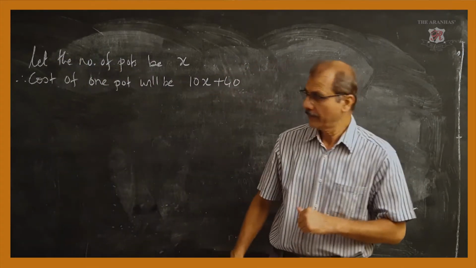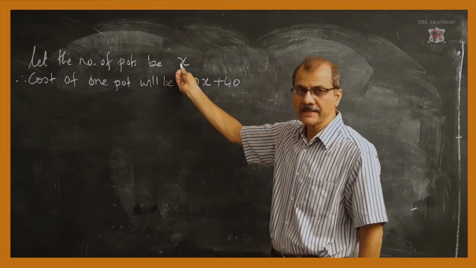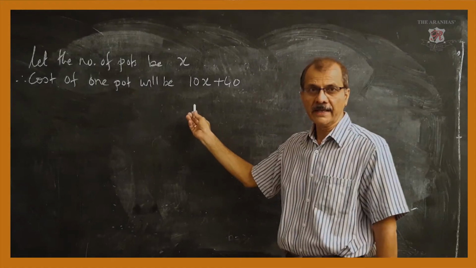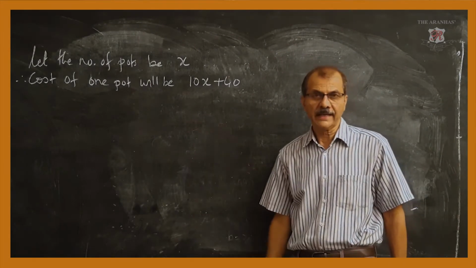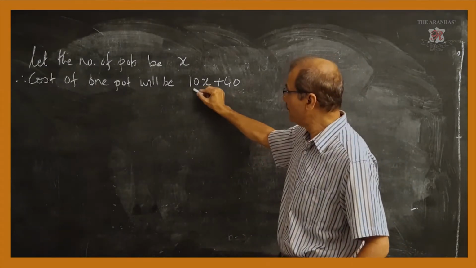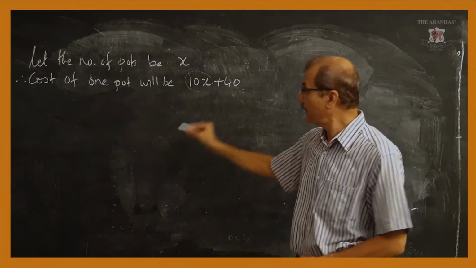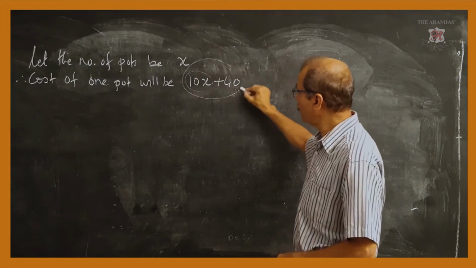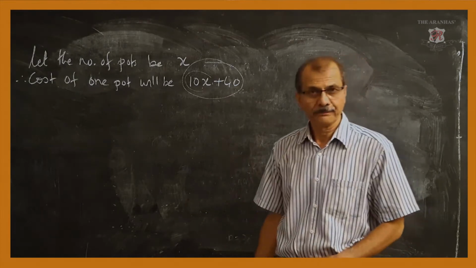I'll repeat again. If the number of pots is x, it is said that 40 more than 10 times the number of pots. So 10 times the number of pots means 10x. 40 more means plus 40, and that is why the cost of one pot will be 10x plus 40.